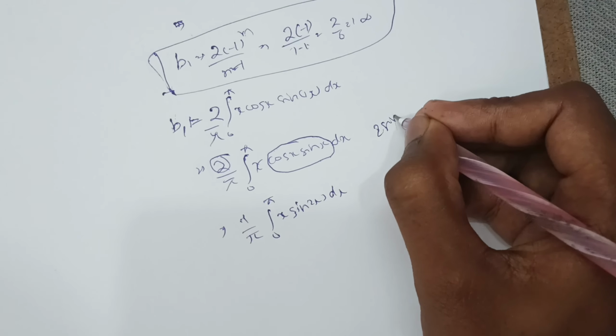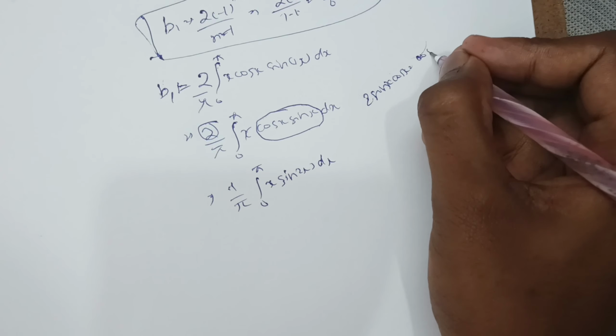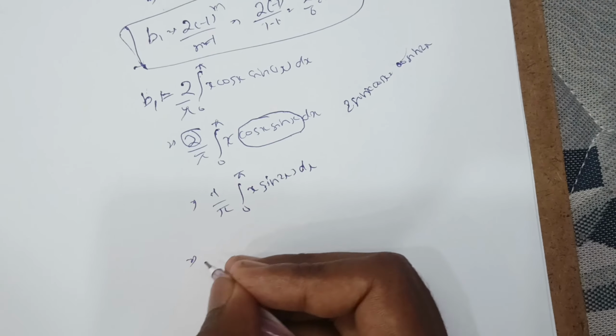Since 2 sin x cos x equal to sin 2x, I substituted here in this formula.